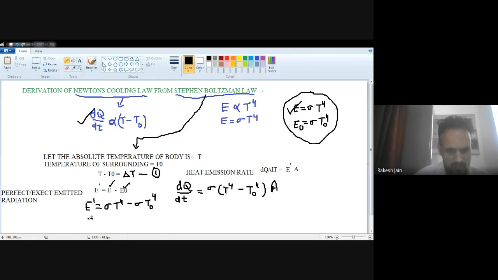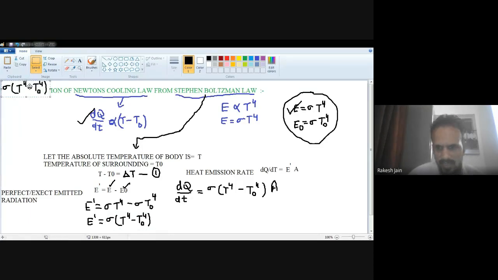So this E dash is equal to sigma, which is common to both, and in the bracket I get T raised to the power 4 minus T0 raised to the power 4. I just copy this and put it there, though I have already written it, but once again I will write it.